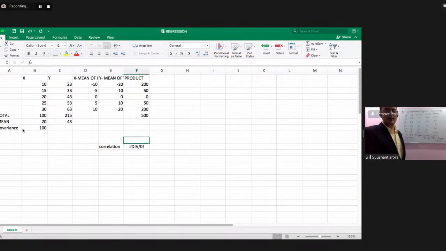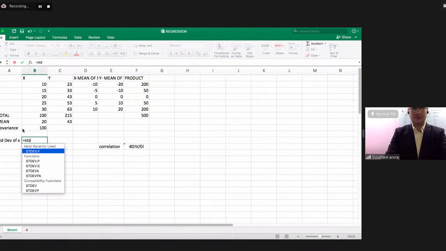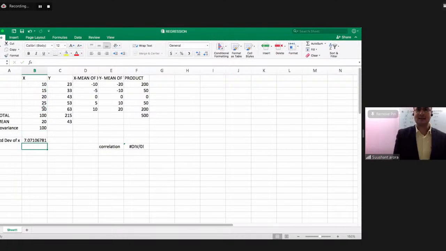Now for correlation, we need two things: the standard deviation of x and the standard deviation of y. So let's use standard deviation of x equals STDEV. You can see this. What is P and what is S? P is for population, S is for sample. We are doing it for the complete population. Let's select 1, 2, 3, 4, 5 and enter. Clear? Not clear?